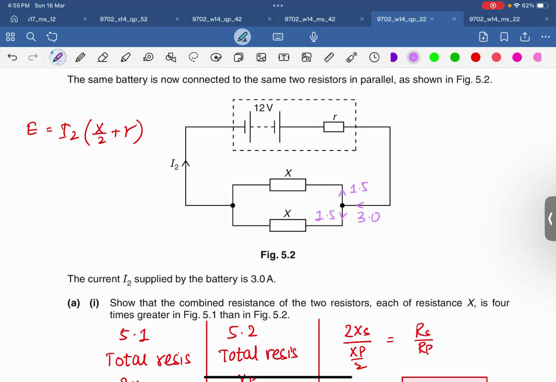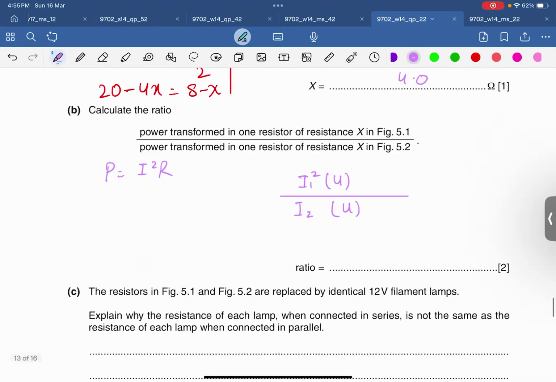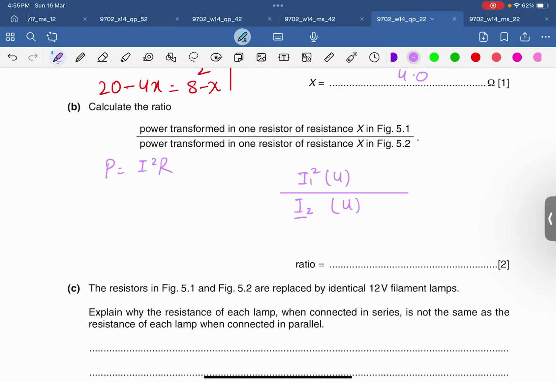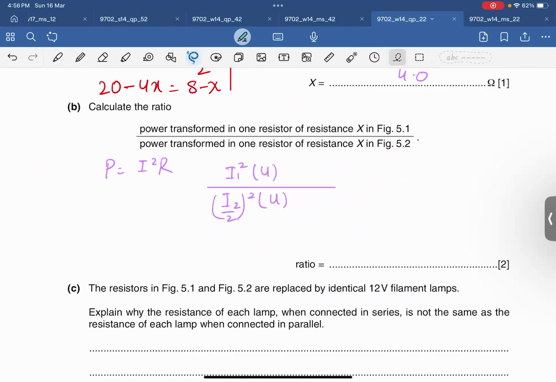Because of the equal resistances, the current will be half. So you have to take half the current, I2 divided by 2. So just solve it and you will get the answer.